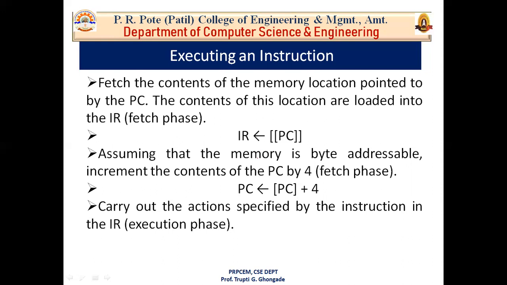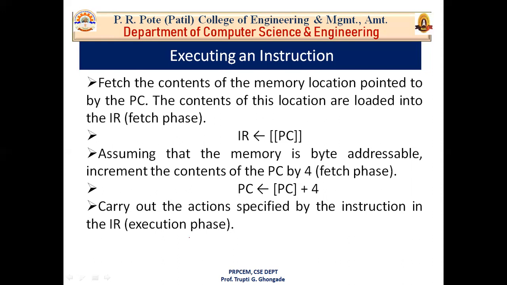Then carry out the action specified by the instruction in the IR. Now your IR is holding the instruction to be executed. Your fetching phase is done, and now you are in the execution phase. When your instruction is in the IR, that is the instruction register, meanwhile decoding is done. Decoding means the processor now knows which type of operation it has to perform on this particular instruction.